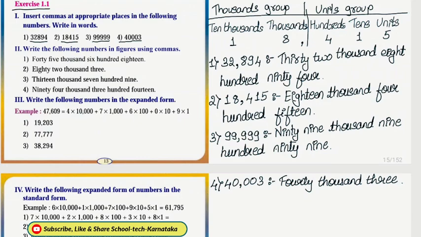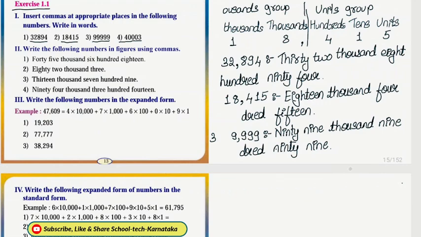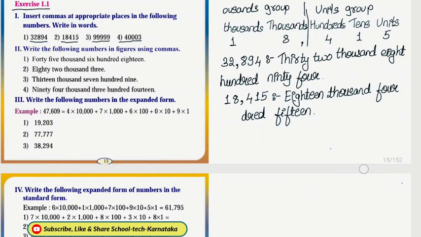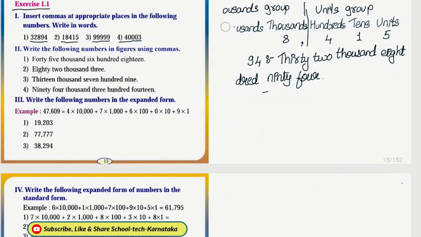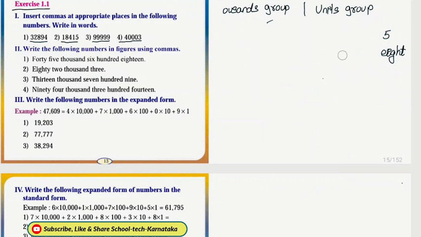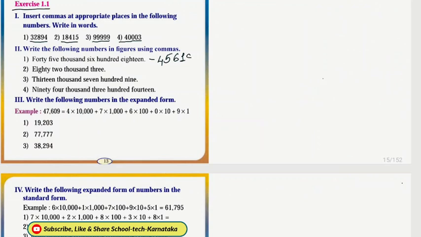Okay, now let's move on to our second exercise. What do we have in our second exercise now? Write the following numbers in figures using comma. So our first number is 45,618. How do we write it? 45,618. And we place comma after our thousands group here.